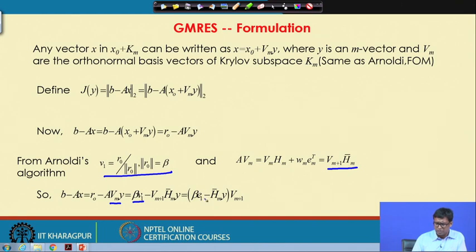This gives Vm plus 1 times beta E1 minus Hm bar y, where Vm plus 1 is the orthonormal basis of the Krylov subspace.